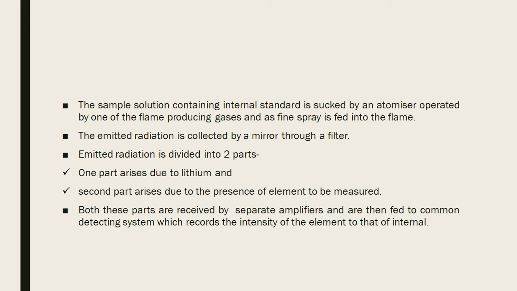Both these parts are received by separate amplifiers and are then fed to the common detecting system, which records the intensity of the element relative to that of the internal standard. So here the intensity will be recorded in the form of a ratio, intensity of the element to that of internal.